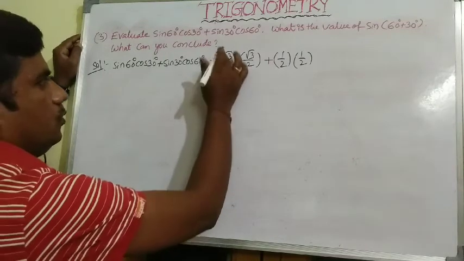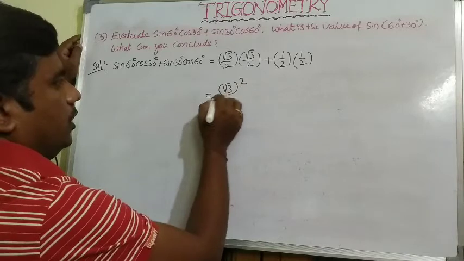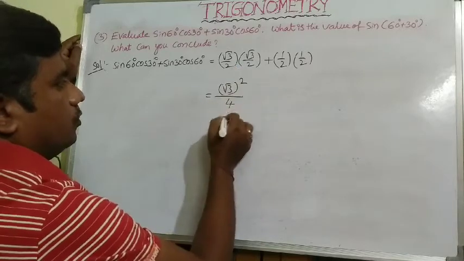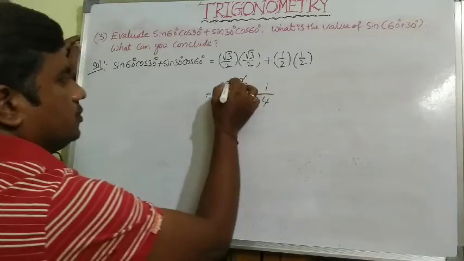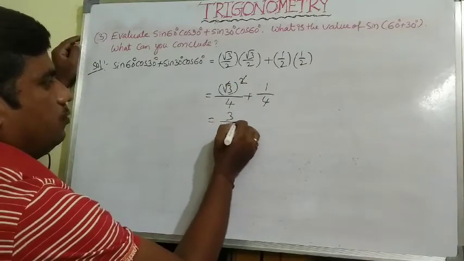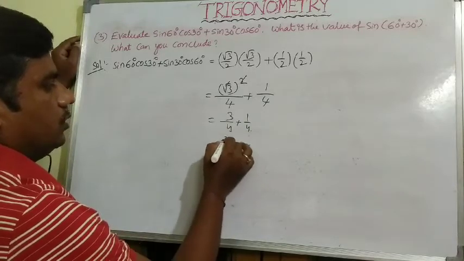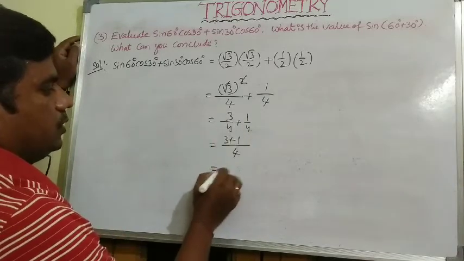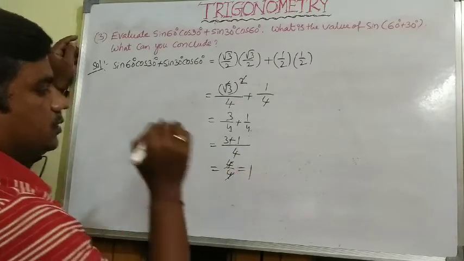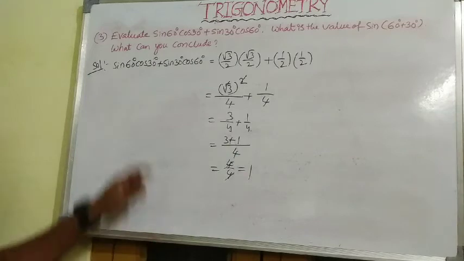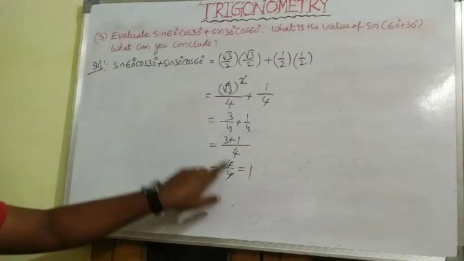Now root 3 into root 3, whole square, by 2 into 2, 4, plus 1 into 1, 1, 2 into 2, 4. Square root cancel. So 3 by 4 plus 1 by 4. The LCM is 4. Numerators are added directly, so 3 plus 1 is 4 by 4, 4 gets cancelled. So the answer is 1. So the total, sin 60 cos 30 plus sin 30 cos 60, is 1.